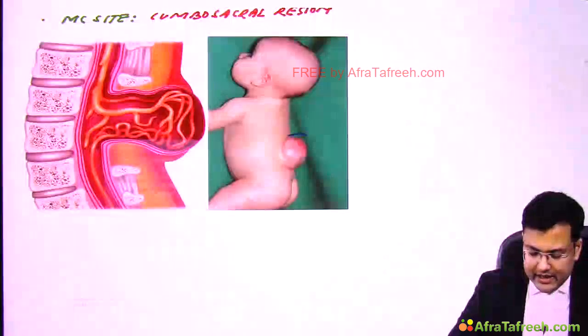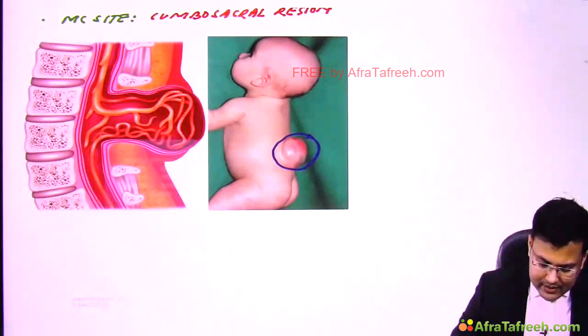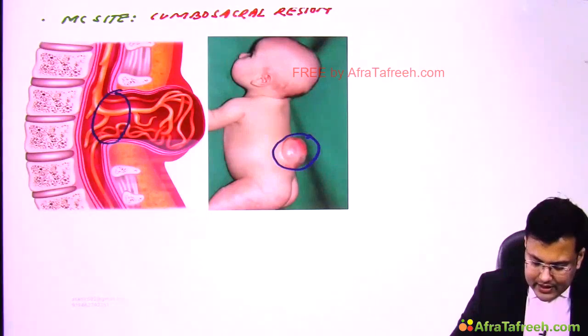Here you can see there is a vertebral defect, and there is herniation of meninges as well as spinal cord.